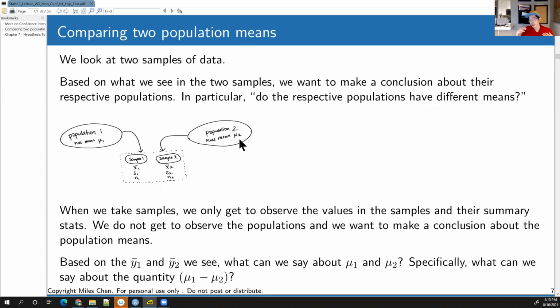And so when you compare the x bar 1 and x bar 2, there's a difference, but in reality, the two populations actually have the same mean. So that's a possibility. On the other hand, it could be that population 1 and population 2 have different means. And so we want to create a confidence interval for the difference between mu1 and mu2.